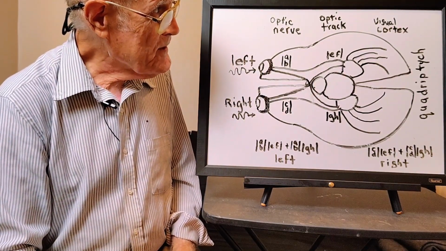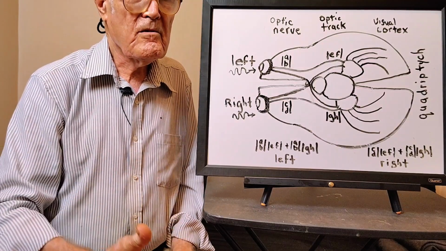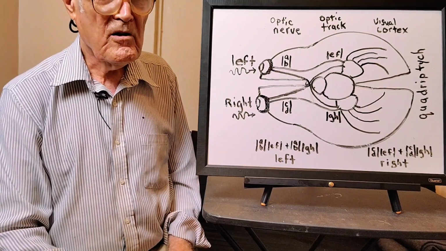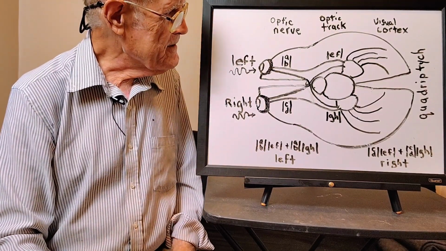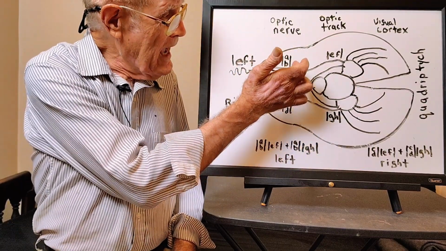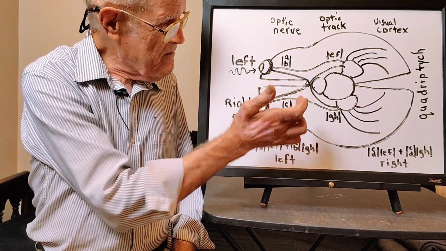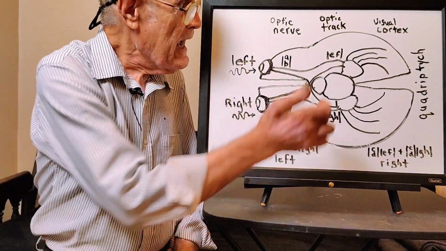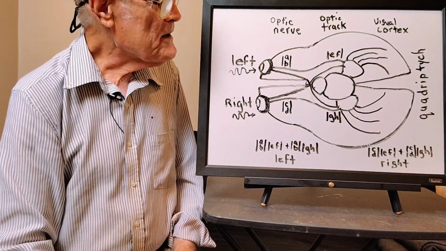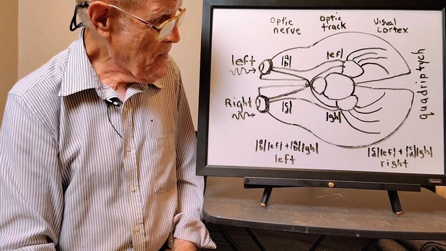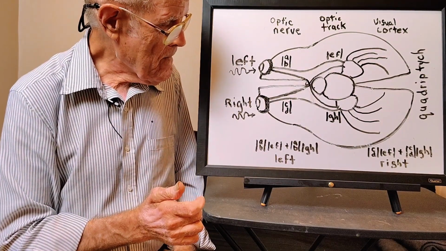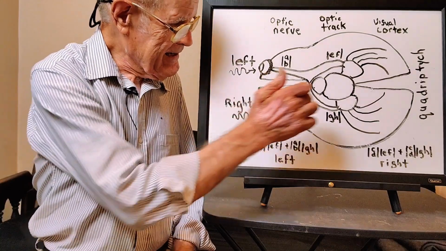So the simplest way to express this, if I were starting all over and I was about 20 years old, I'd want to go after a sort of mathematical representation. It would be a matrix representation where you have A, B, C, D for the optic nerve parts, and E, F, G, H for the optic tracts, for the path of these signals.